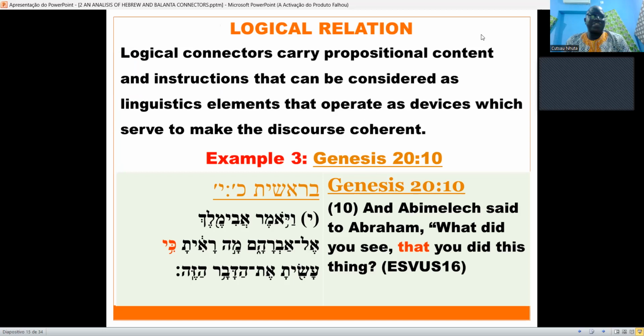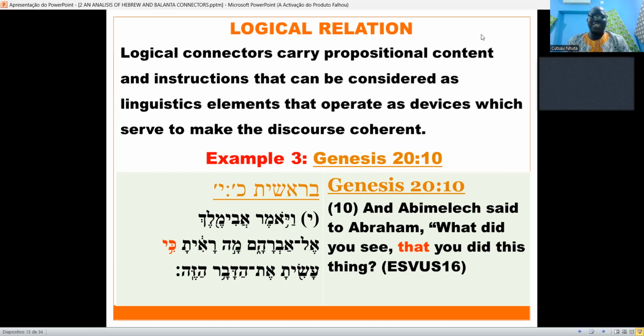Logical relations. Logical connectors carry propositional content and instructions that can be considered as linguistic elements that operate as devices which serve to make the discourse coherent.